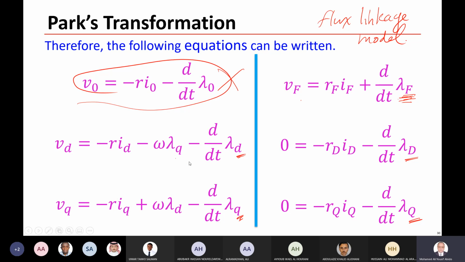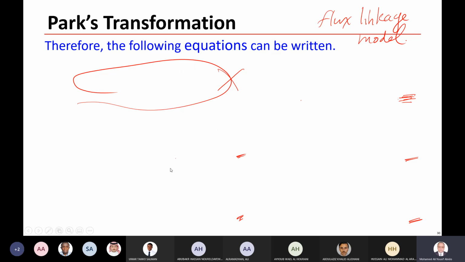If L is constant, inductances are constant, then we can replace lambda by Li, and you have L di by dt. So L is constant, and L will be here, di by dt. In this case, you have the current model, not the flux linkage model, and you can express lambda in terms of the currents.